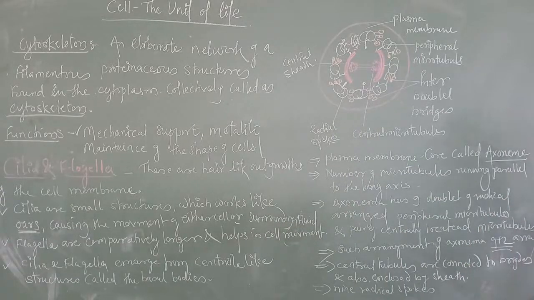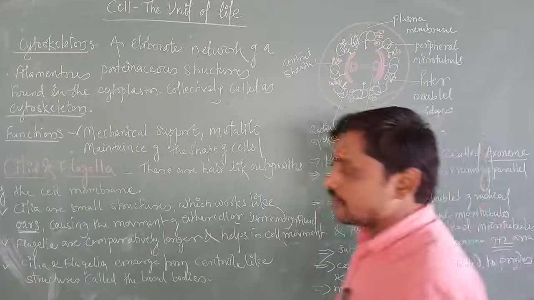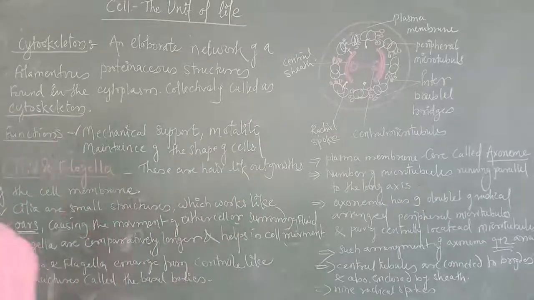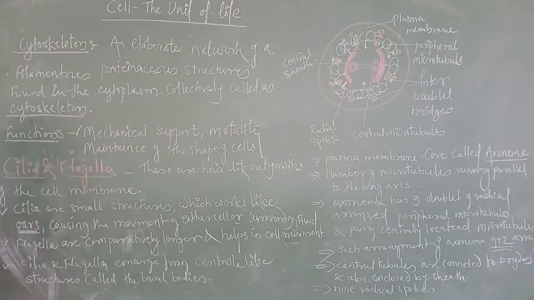You are all aware of the human skeleton. When we look at its functions, we say the human skeleton forms the framework of our body; it maintains the structure of our body.